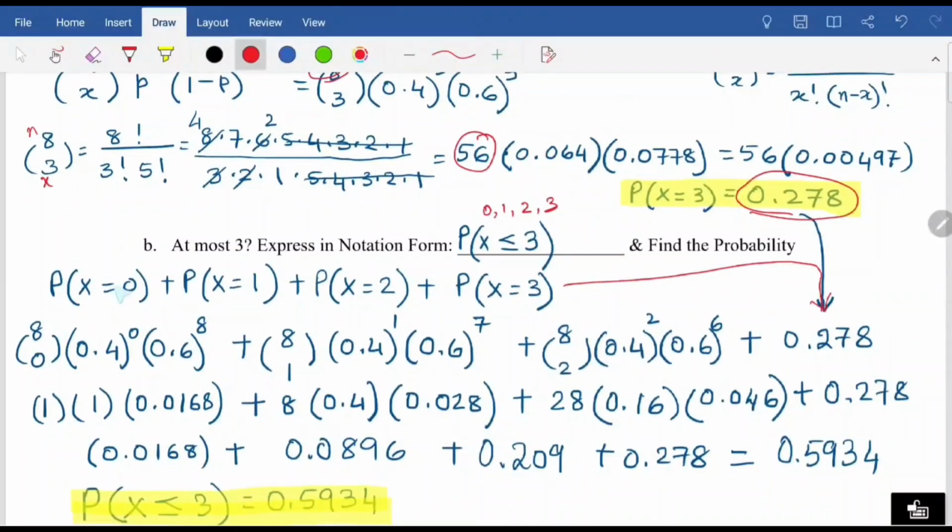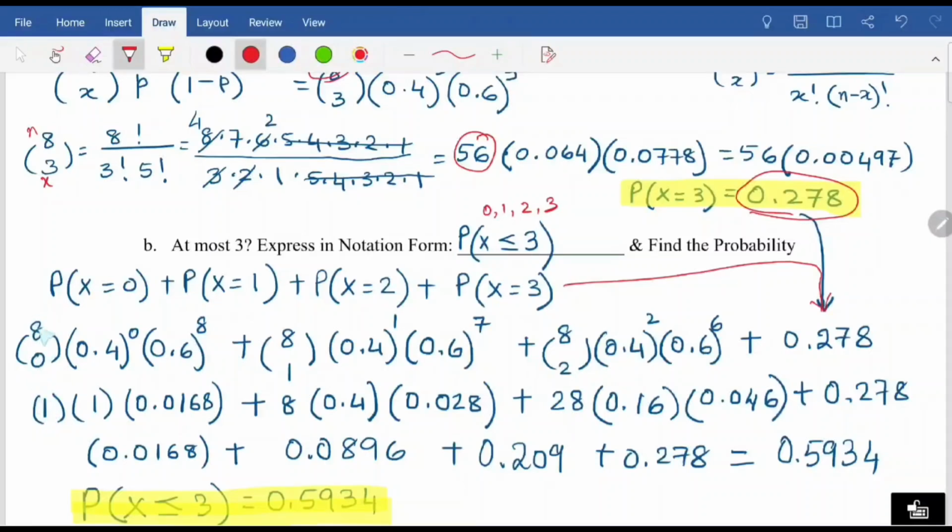But we do have to calculate probability of x equals 0, probability of x equals 1, and probability of x equals 2. All right. So 8 combination 0. Then 0.4 raised to the power 0. Keep in mind, anything raised to the power 0 is a 1 always, all right? And then 0.6 raised to the power 8.